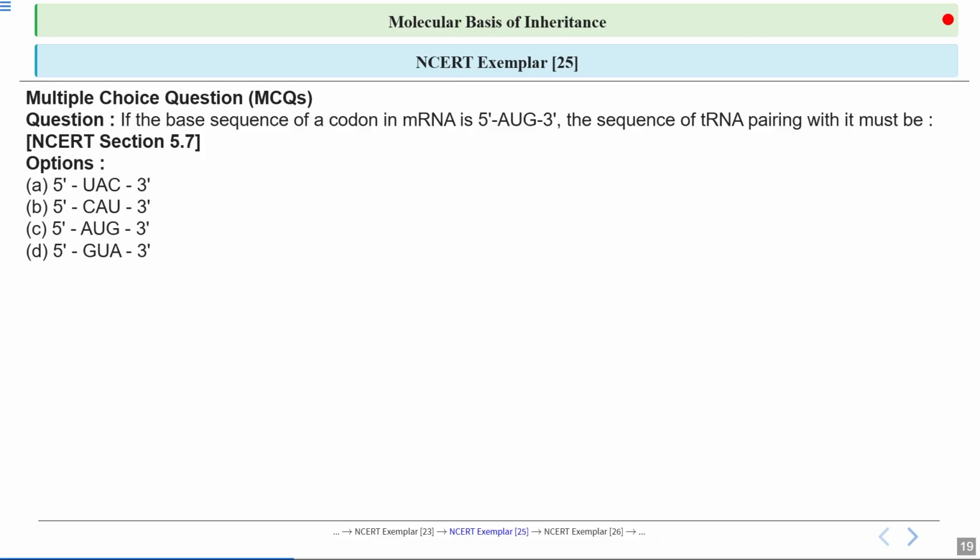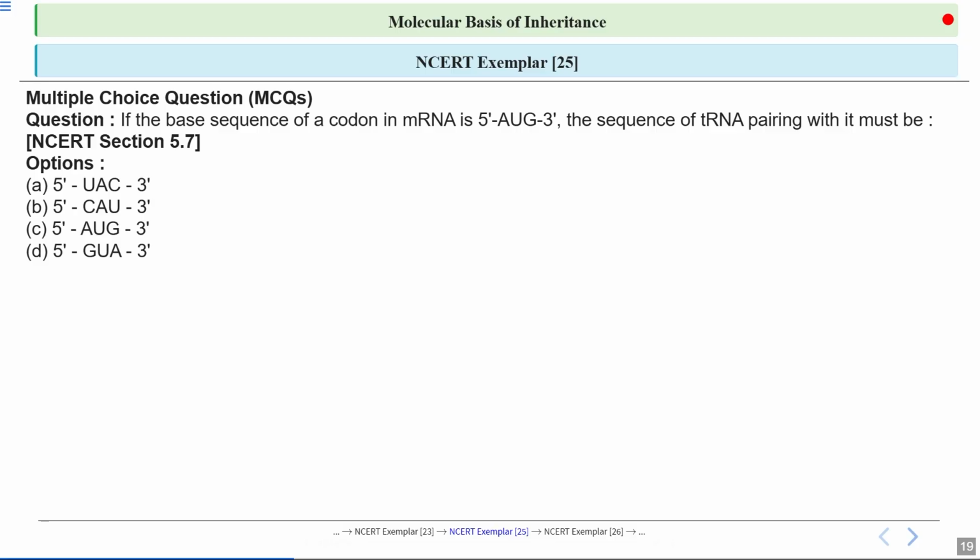Now let's move on. If the base sequence of a codon in mRNA is 5' AUG 3', the sequence of transfer RNA pairing with it must be. So in messenger RNA you have the codons. Codons are triplets of nucleotides. These codons are recognized by the transfer RNA.